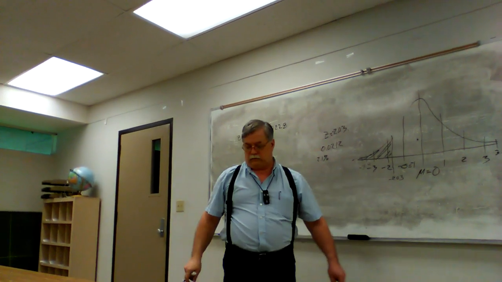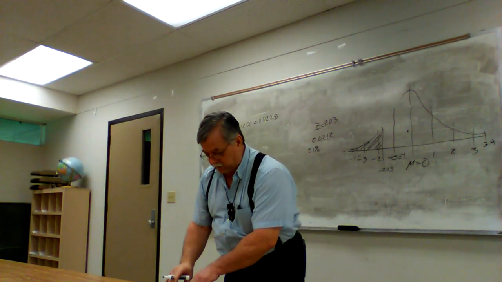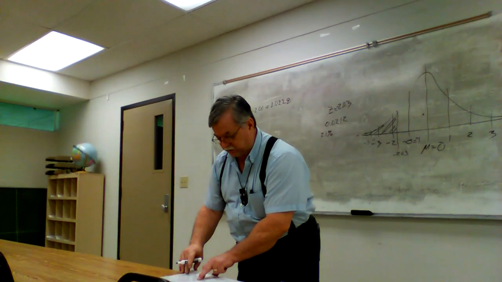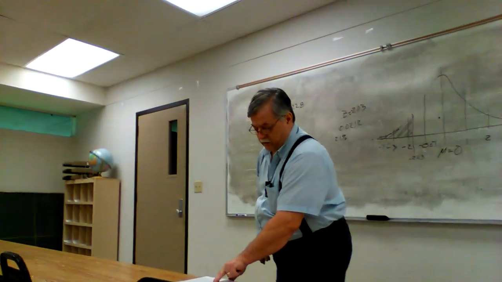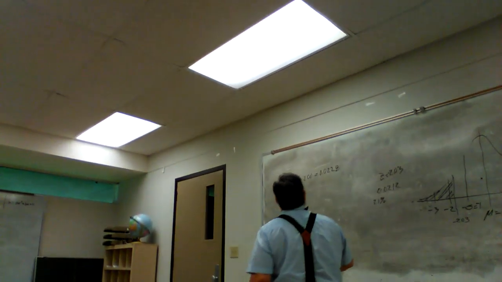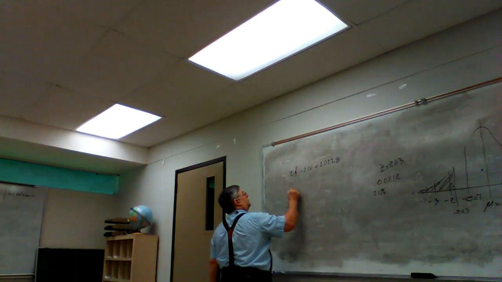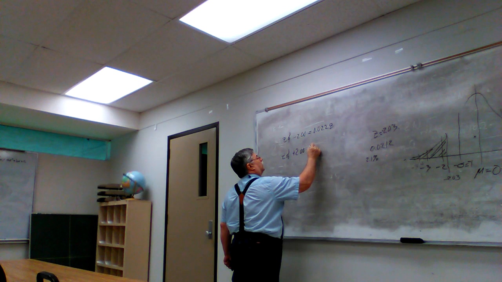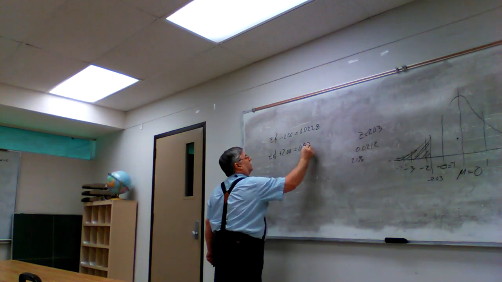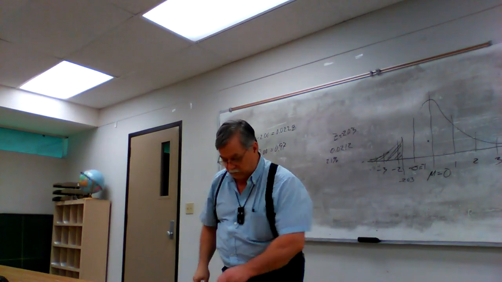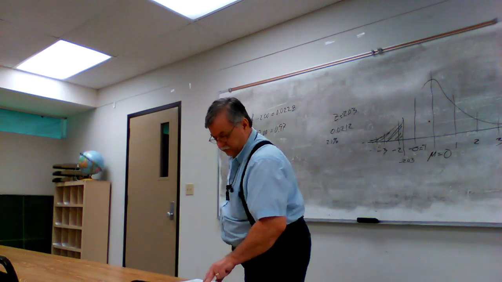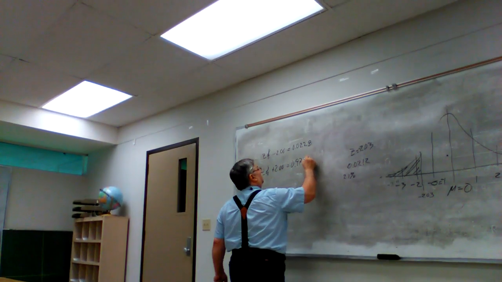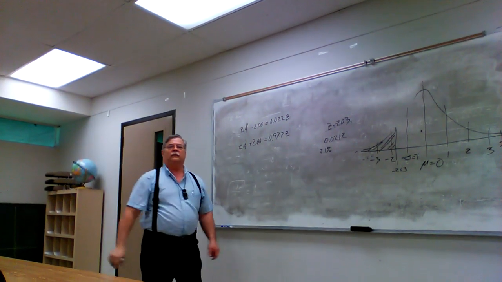Now, what if we go and look up the z of 2.0? That gives us 0.9772. Okay?